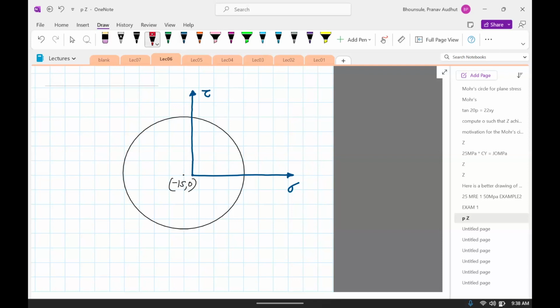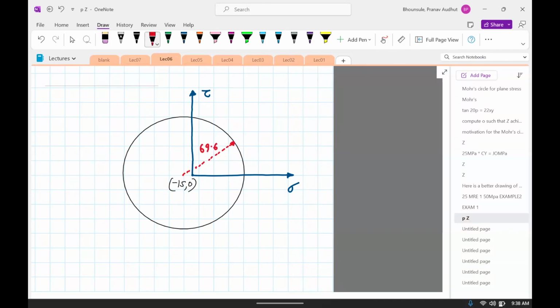And then the radius is 69.6. Actually, I should not have drawn it here. Okay, so that's the Mohr's circle.